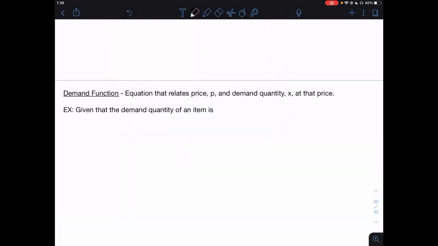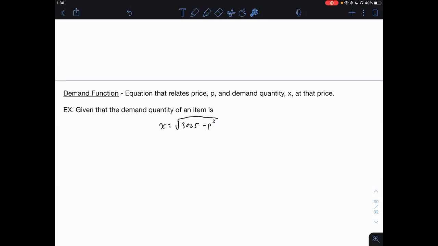Suppose our demand function is defined as X equals the square root of 3025 minus P cubed. Again, this is the equation that's going to tell me how many units we might potentially sell at a certain price point. So the quantity of items that are demanded is equal to the square root of 3025 minus our price cubed.